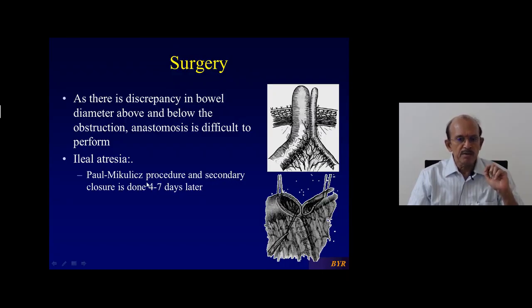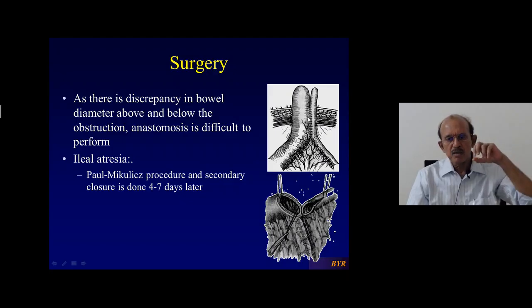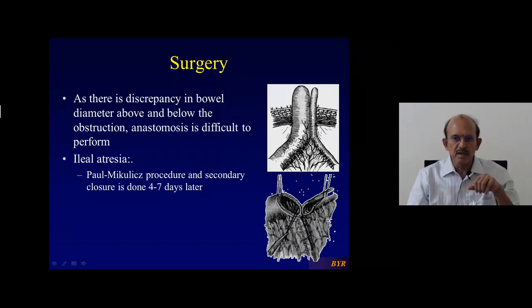Already I described the Paul Mikulicz procedure in the previous class. You make the two loops as double barrel. Then you keep them outside. 48 hours later, you cut this. It becomes an ileostomy. The distal part also is cut. Into these two loops, you introduce an enterotome. A long bladed instrument is passed and gradually tightened. The screw is tightened. The blades get approximated, and the septum in between gets crushed and necroses, and it separates.